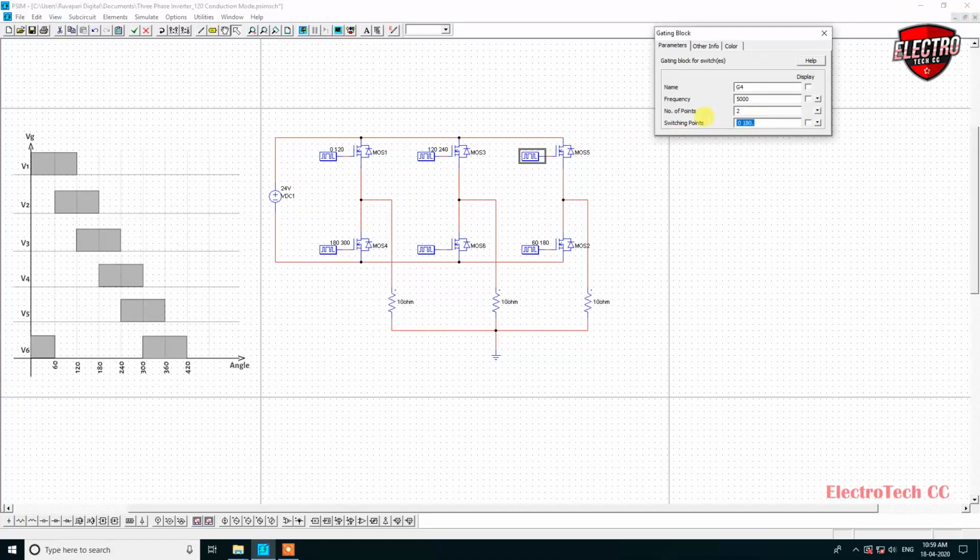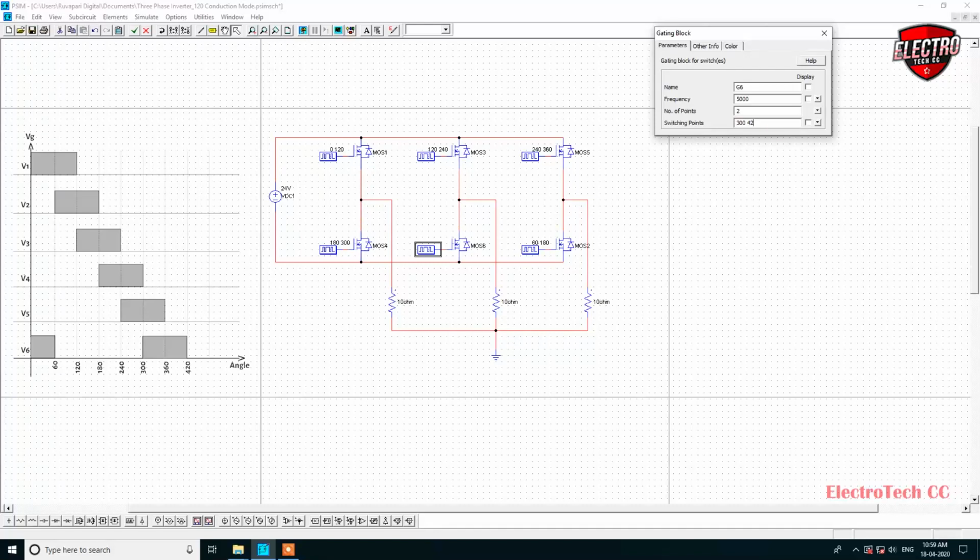The fifth switch for 240 to 360, and the sixth switch conducts from 300 to 420.